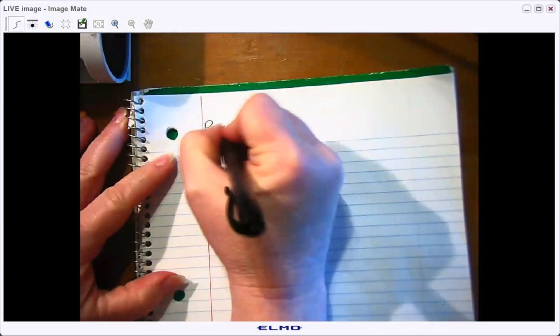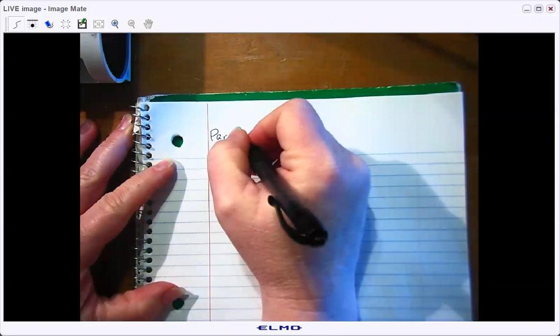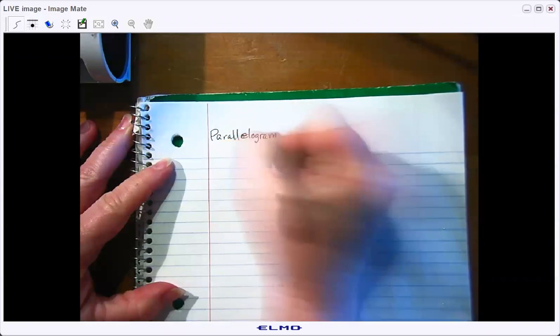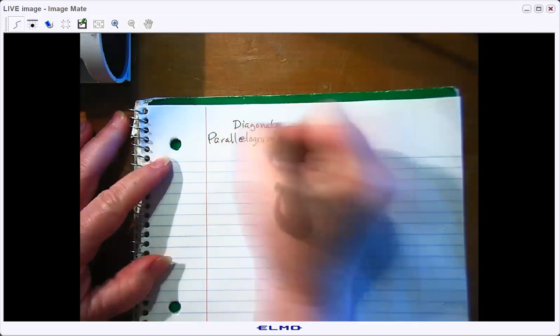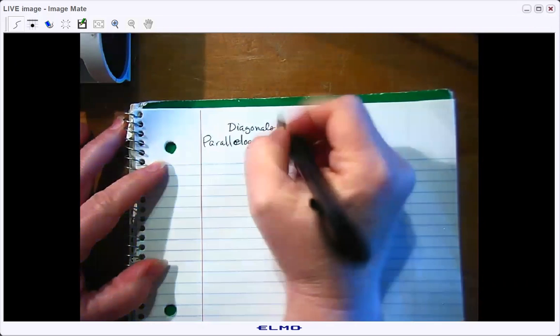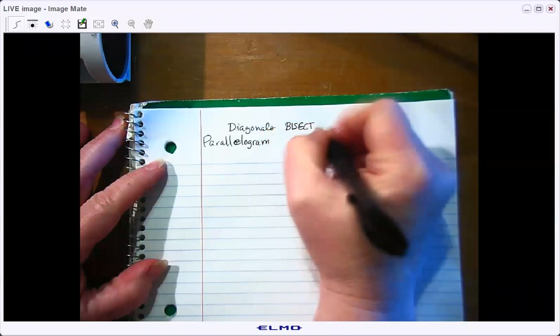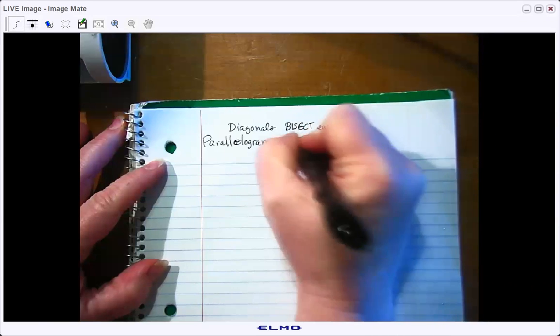Talk about diagonals. Diagonals of a parallelogram. Okay, I got my parallelogram. Diagonals bisect each other. What does it mean to bisect?